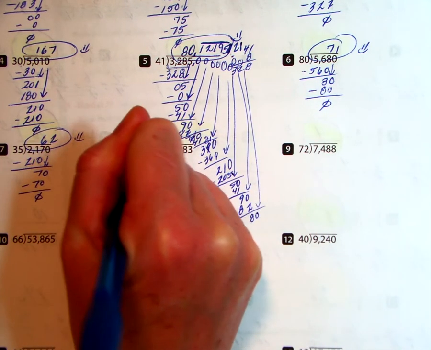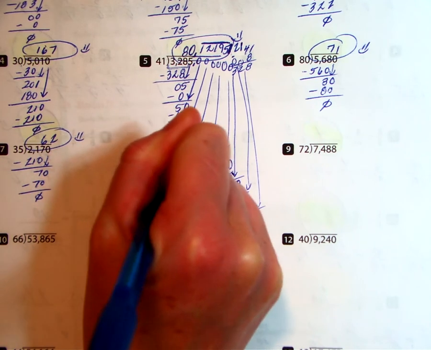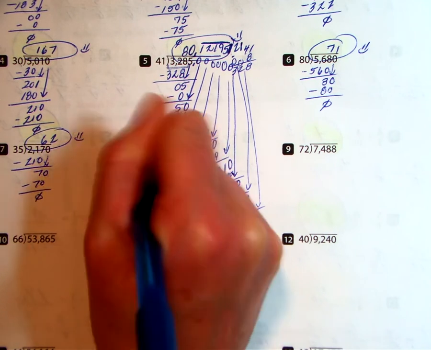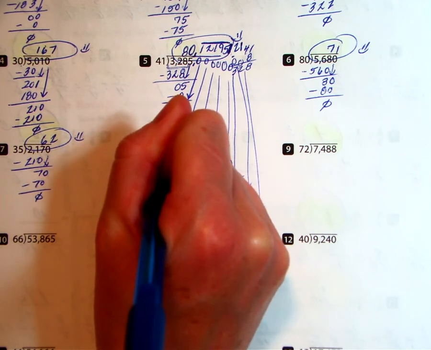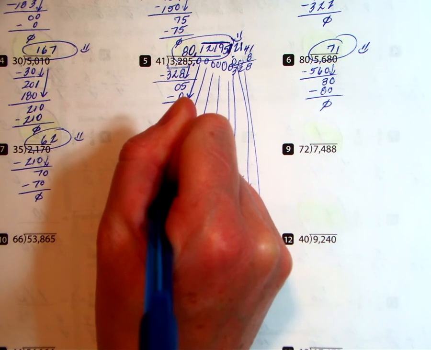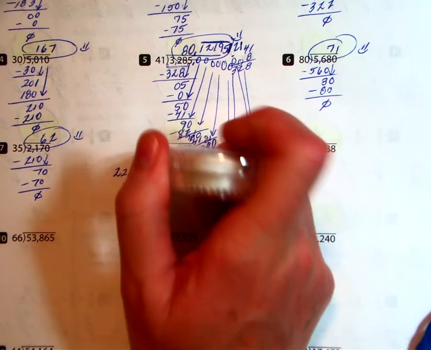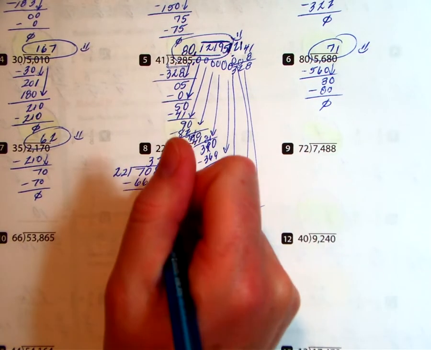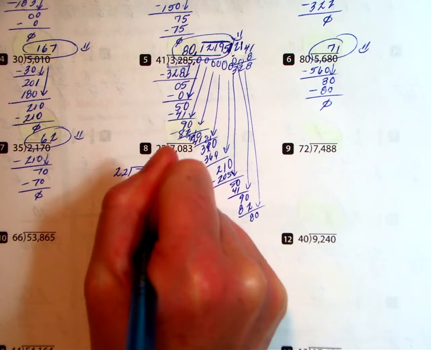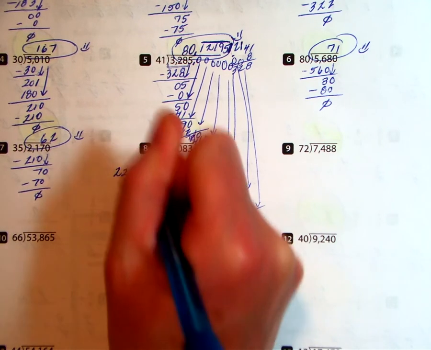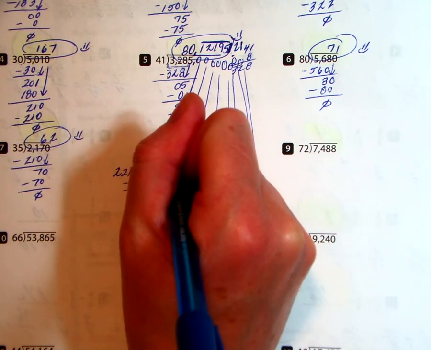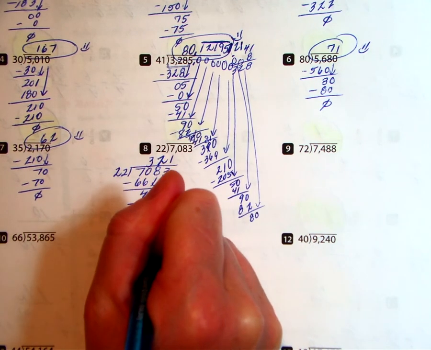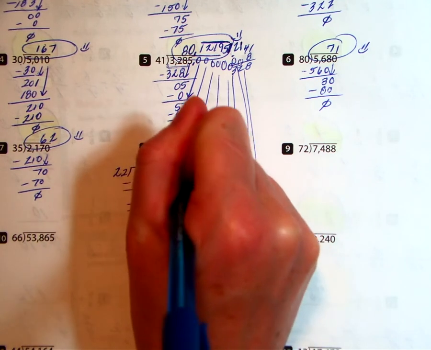Let's see if I can squeeze this problem in. 66, 48, 4 times, no, not 4 times, 2 times. 2 times, that would be 44. Goes in what? Decimal 0.